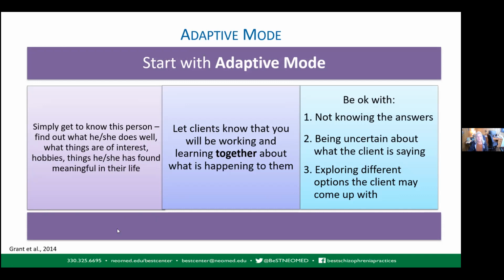So even if the person hasn't engaged in whatever it is they're interested in, it's still a topic of engagement and curiosity that you can learn more about. Always emphasize that we're working together as a team, that there's some stuff this person knows that you don't, and can give you hints about working with them. And there are things that you know that this person doesn't, and it really needs to be a team.